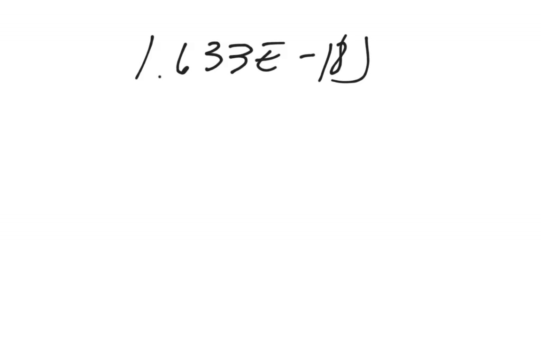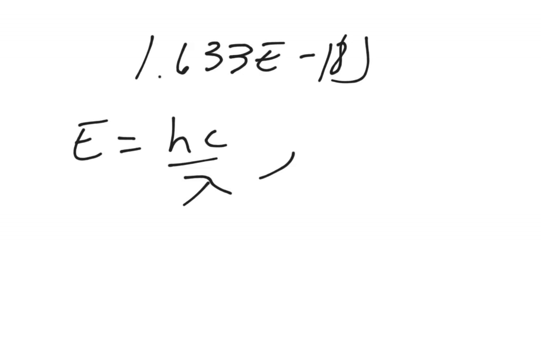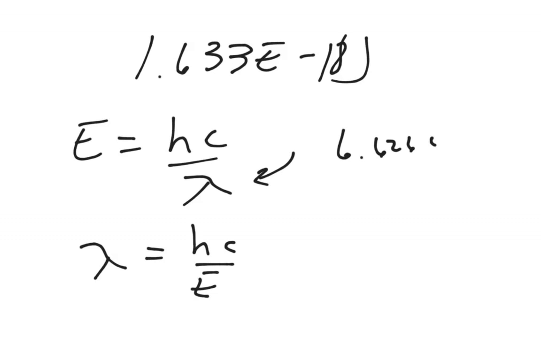Okay, rearranging the formula that we had from last year, energy is equal to h c over lambda, so that I can find out the wavelength. Wavelength is equal to hc over energy: 6.626 e to the negative 34 times the speed of light, 2.9979 e to the 8th.